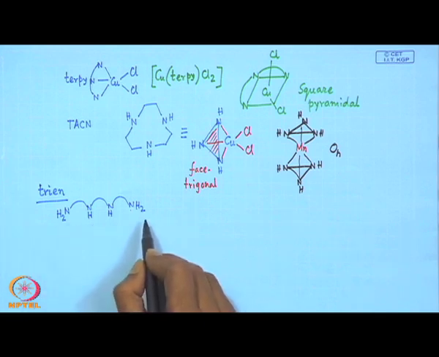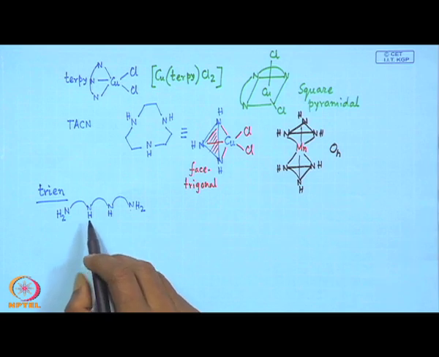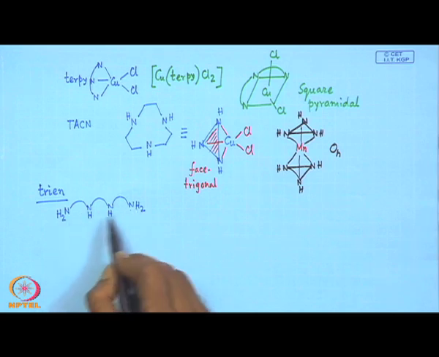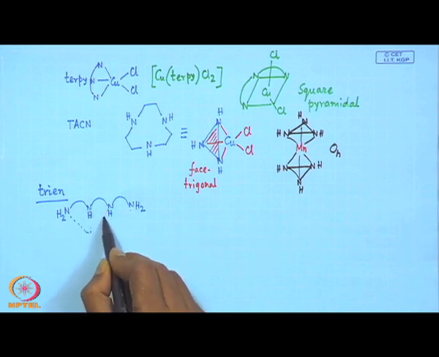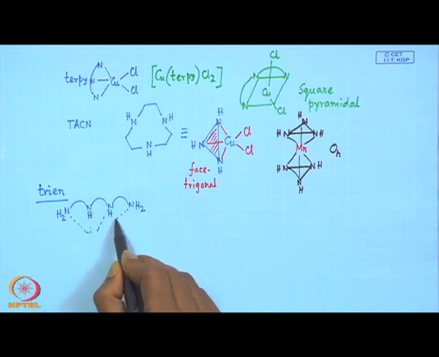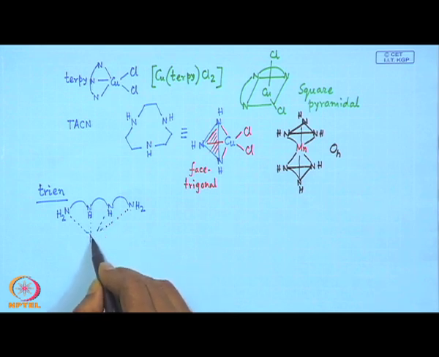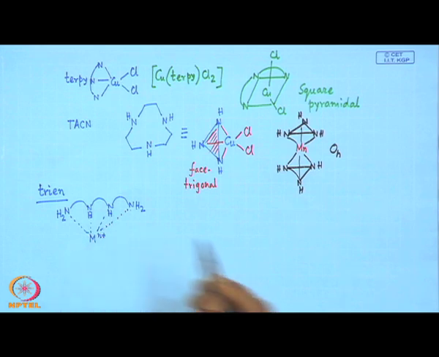So, straight away we can see now that since we have 4 nitrogen donor atoms, if all 4 are utilized to bind to the metal center, we get a tetradentate ligand.